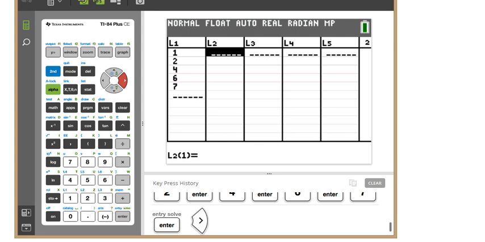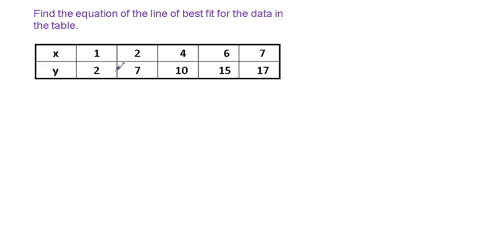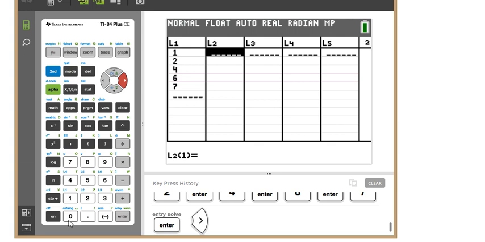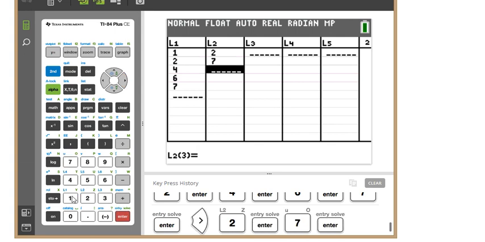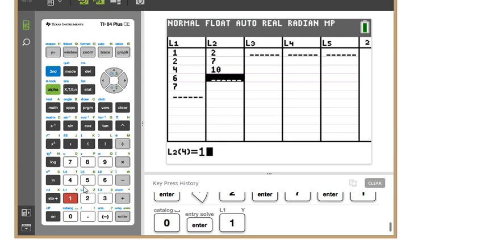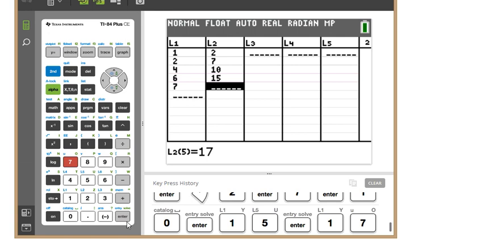Next, I'm going to put the corresponding y values, and those will be 2, 7, 10, 15, 17. So that should be all of them.